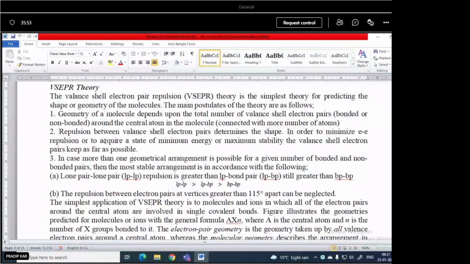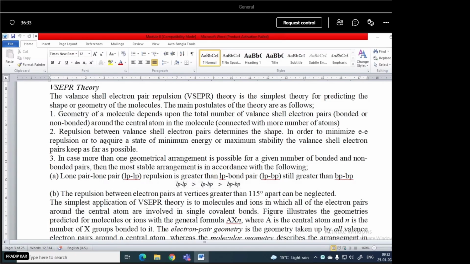Here, the geometry of a molecule depends upon the total number of valence shell electron pairs around the central atom in a molecule. So geometry depends on the valence electrons present, that is, bonded pairs or non-bonded pairs on the central atom. We must consider one atom as a central atom.